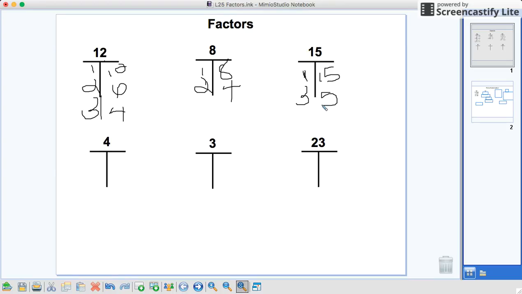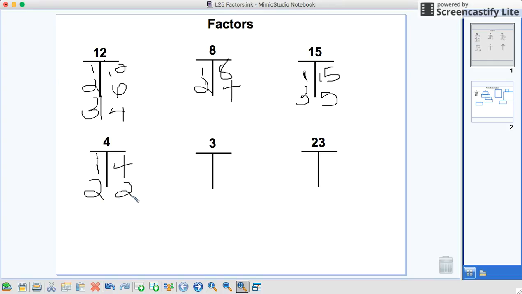Let's look at 4 over here. My multiplication pairs are 1 and 4, because we always start with that one. And 4 is even, so I know that 2 is a multiple of it. But 4 is 2 times 2.